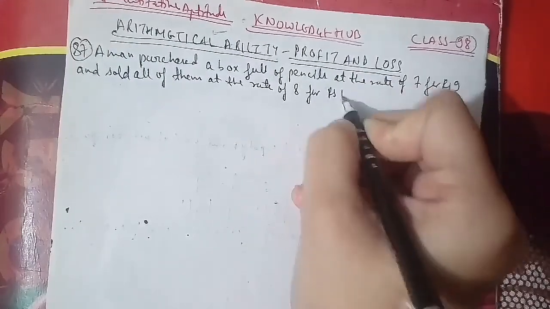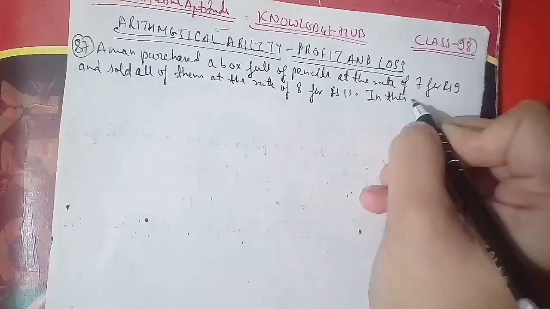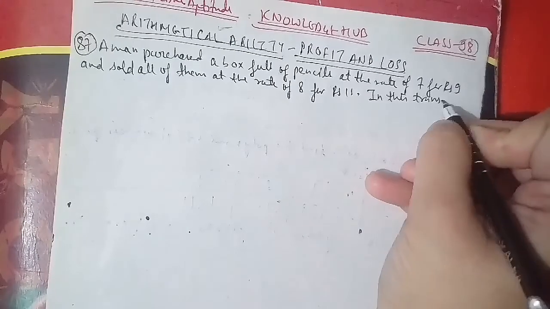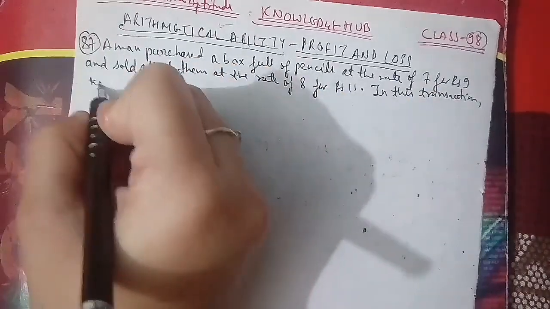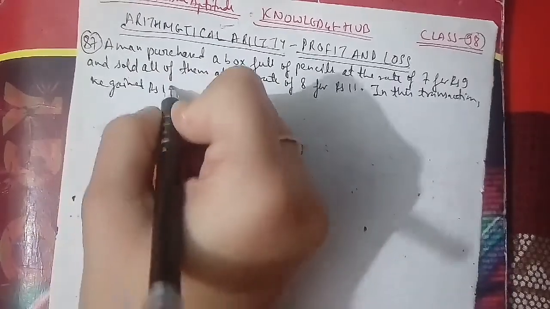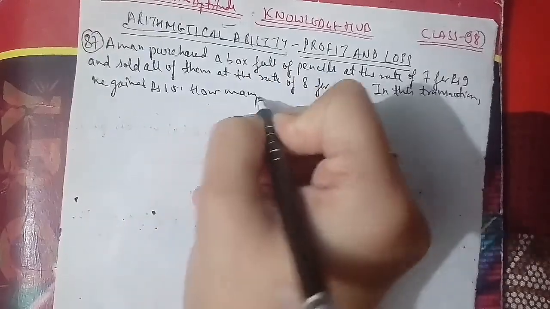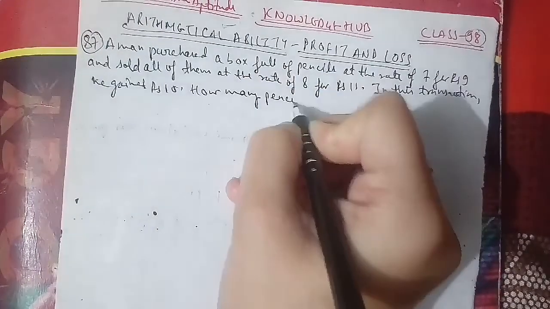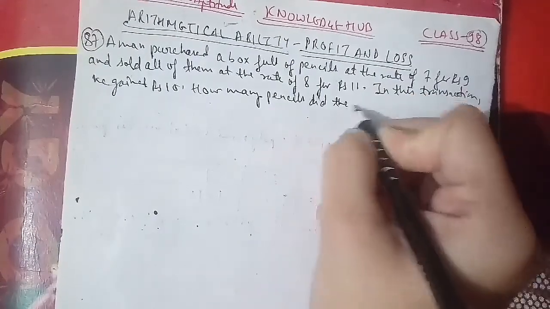In this transaction, he gained rupees 10. How many pencils did the box contain? That has been asked in a CBI examination paper.